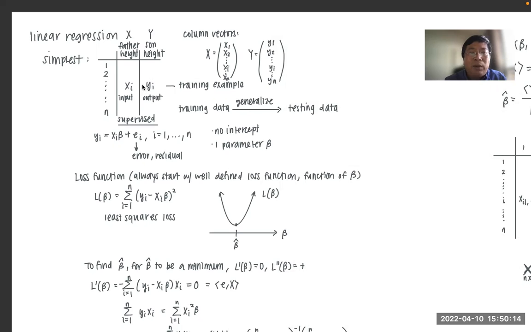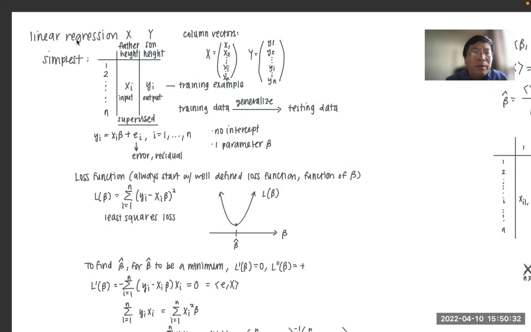And usually we write input as xi and we write output as yi. For example, xi may be father's height and yi may be son's height. And from this training data, we want to learn how to predict son's height based on father's height.